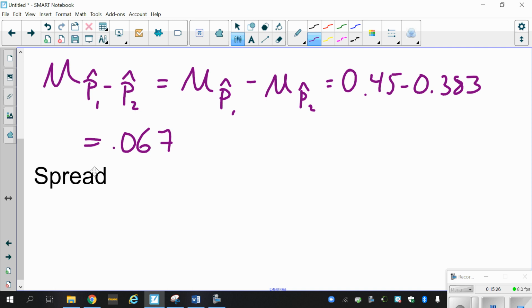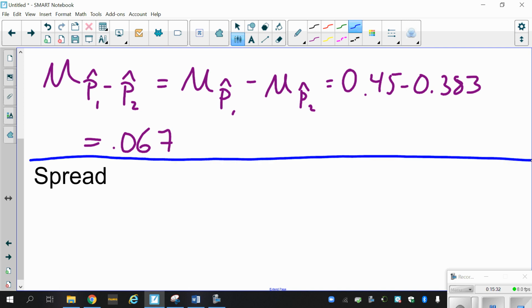Now the spread is the part where you have to remember something, because this one's not intuitive. When you subtract two random variables, it actually increases the variability you might get within the differences.